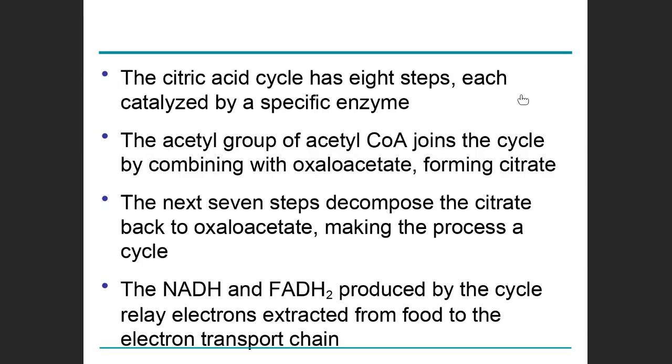And the next 7 steps help to break down that citrate into oxaloacetate. In the process, all those carbons are going to be released as CO2. And the NADH and FADH2 produced by the cycle are carrying those electrons to the electron transport chain to make ATP.